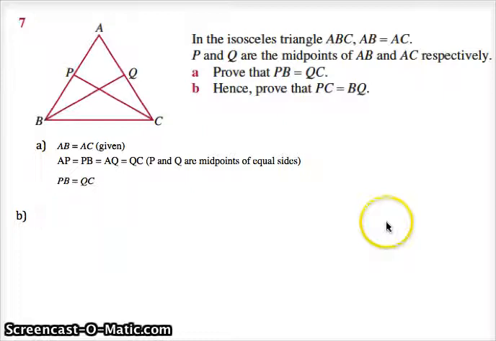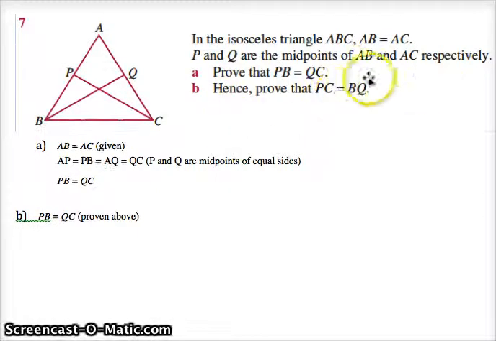So we want to be saying which triangles we're talking about. So we're talking about in triangle PBC and triangle QCB. We can now say that PB equals QC. That's given above. Now, we can see that the two triangles that we're talking about are actually overlapping.